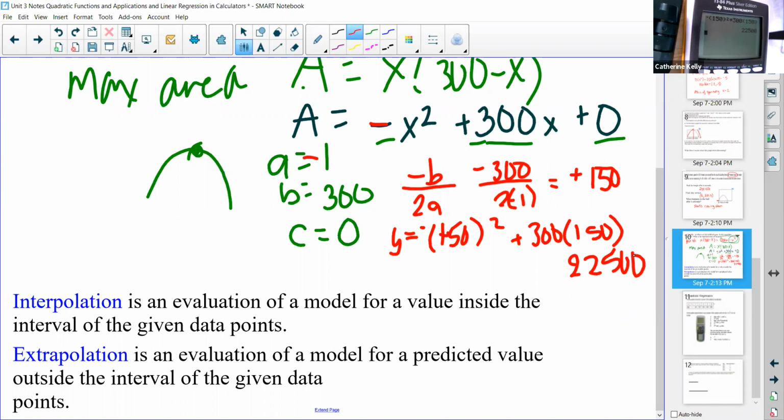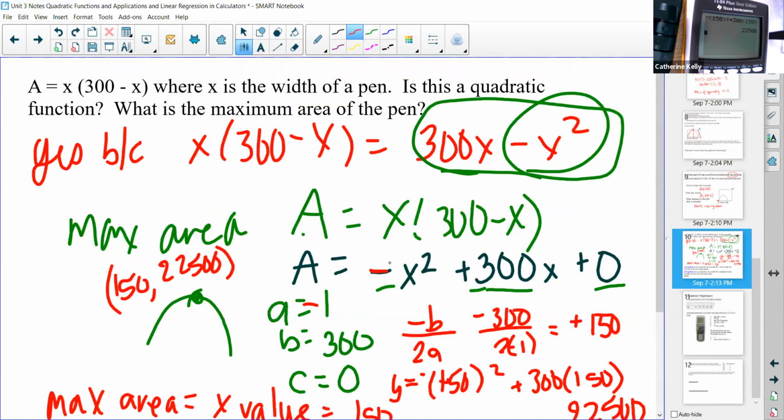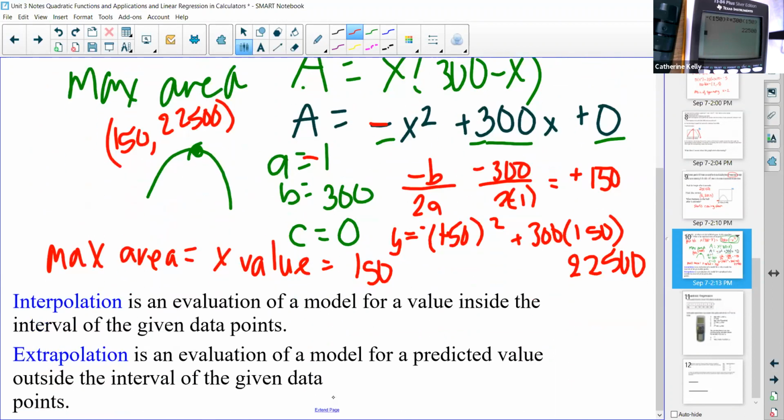So this would be at the point 150 on x and the point 22,500 on y. So our max area would be our x value, so it would be 150. And what are we talking about so we can label it correctly? It doesn't say. The maximum area within is 150.